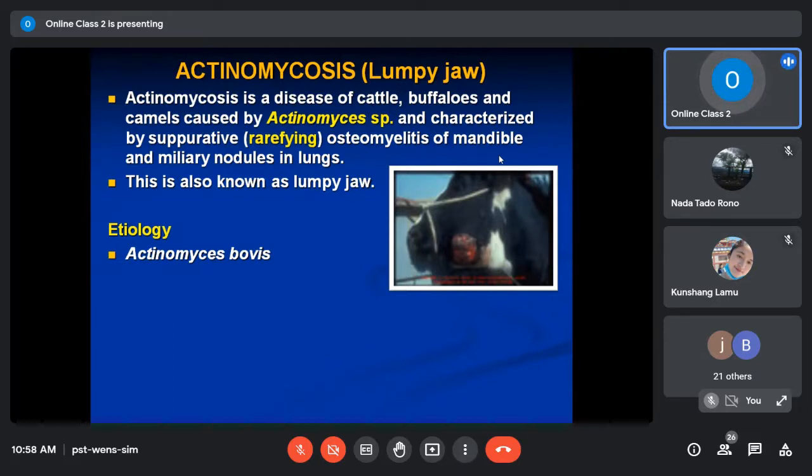Okay, because the main target is the mandible, the jaw particularly, it appears lumpy because of the swelling and the chronic granulomatous inflammatory reaction in the bones like the jaw and mandible.